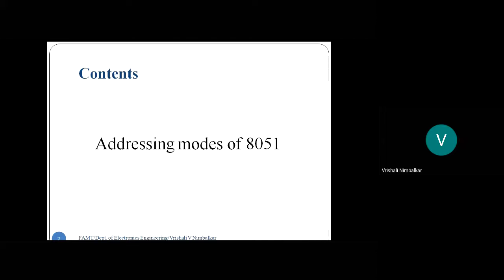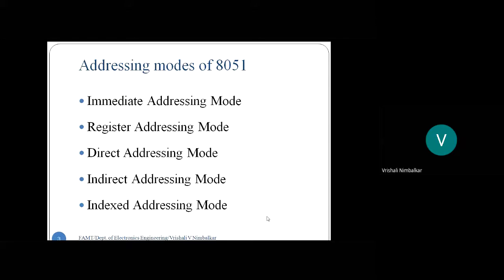So let us go to our next bit in the syllabus, and that is the instruction set. The next few lectures we will study the instruction set of 8051. To start with, we will study addressing modes of 8051. Since you all have studied 8086, you will be a bit familiar with instructions and addressing modes.